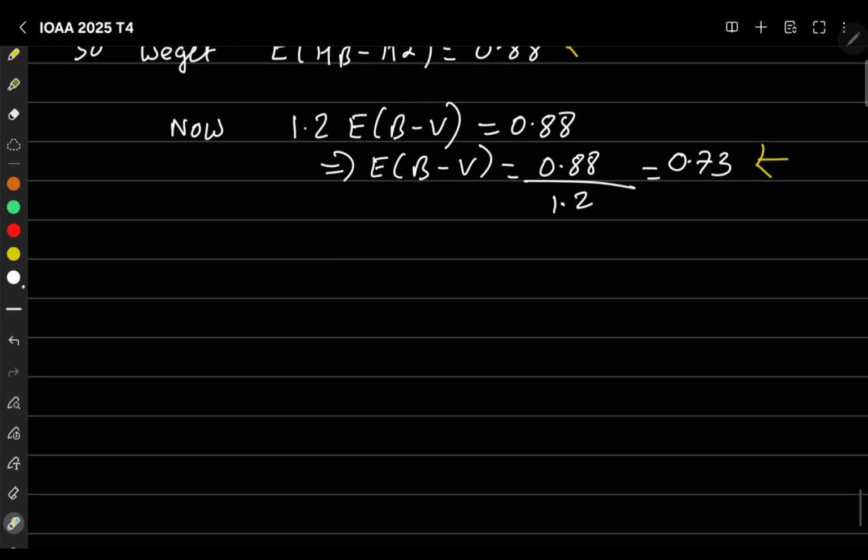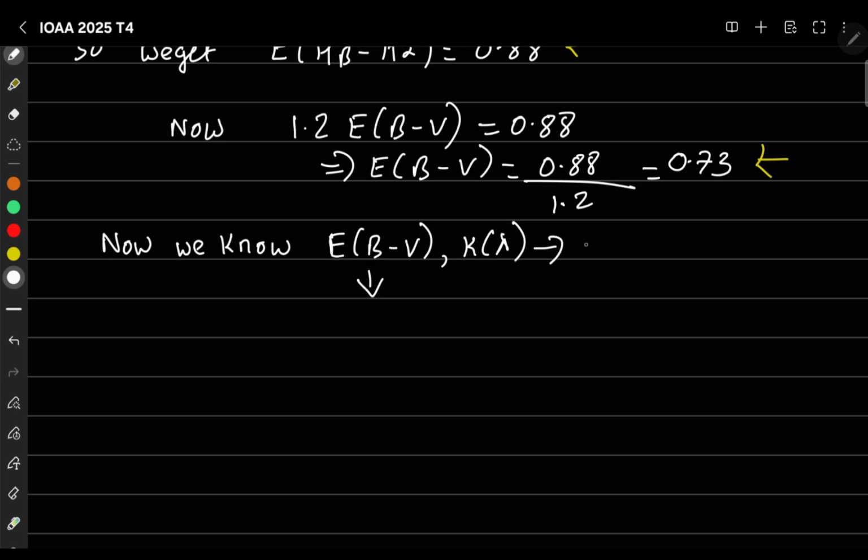Now we know E(B minus V) and K lambda. This is the same for both, and we already know K_Hα and K_Hβ. Both have been found.